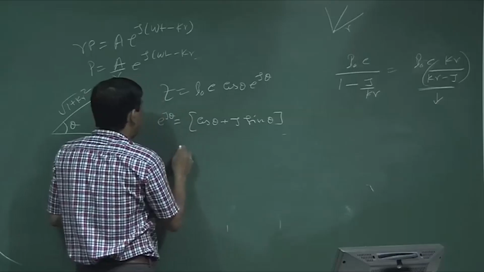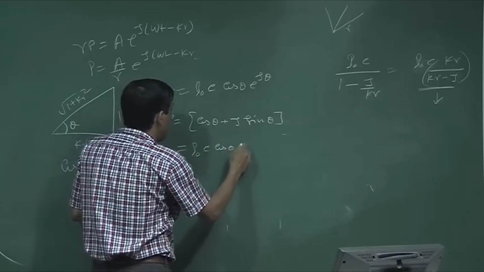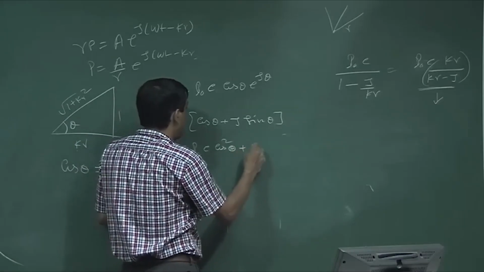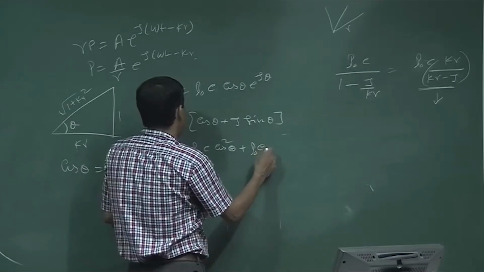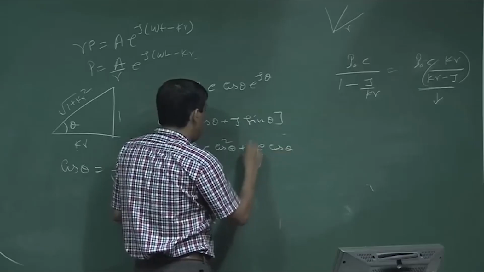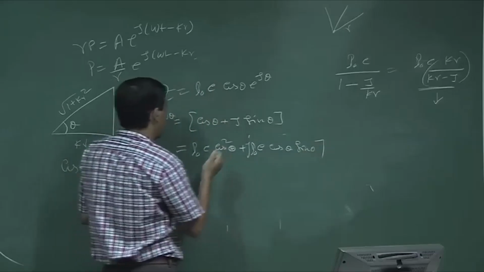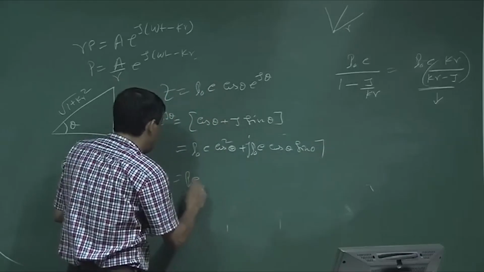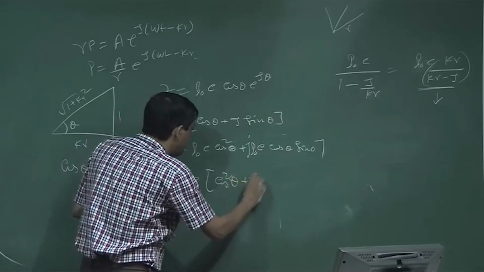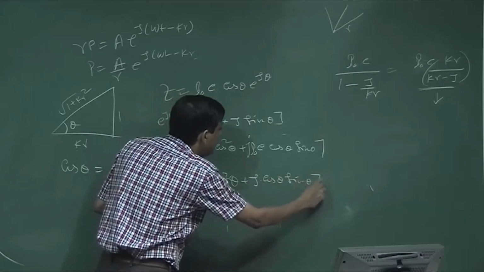So, I can write z is nothing but rho 0 c cos theta into cos theta, so cos square theta, plus rho 0 c cos theta into j sin theta, or I can write rho 0 c cos square theta plus j cos theta sin theta.